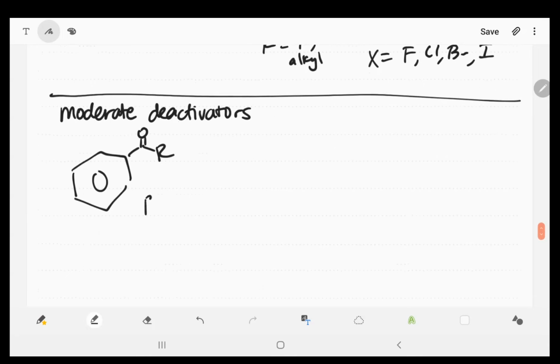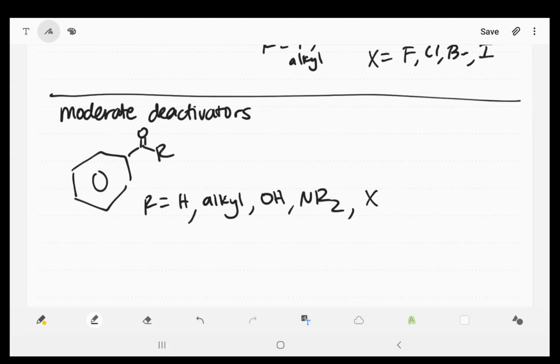So we can have aldehydes, ketones, carboxylic acids, amides rather. What else can we have? I mean, technically halogens as well. Any of these things can be an R group on this. It's essentially anything with a carbonyl, and it's got the carbonyl side towards the benzene.